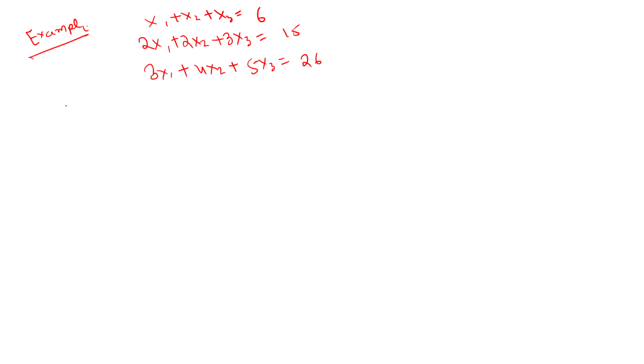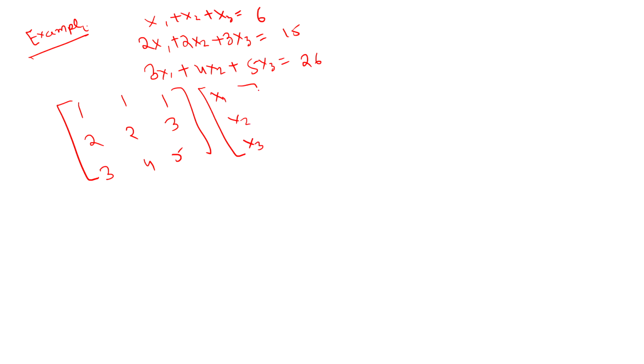So my matrix system is 1 1 1, 2 2 3, 3 4 5, and then x1 x2 x3 is equal to 6 15 26.